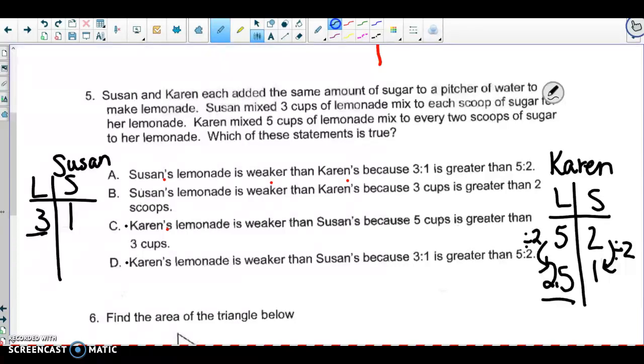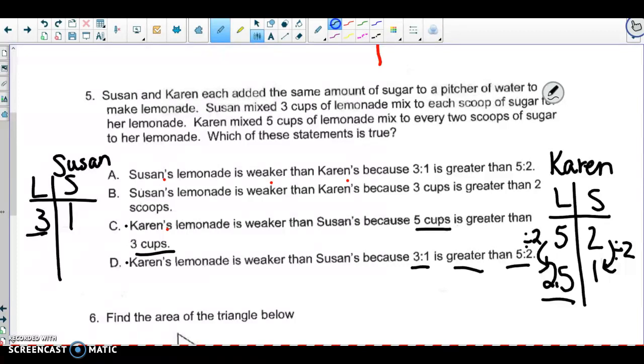So Karen's lemonade is weaker than Susan's because 5 cups is greater than 3 cups. Well, it's not because 5 is greater than 3, because that's just saying that of 2 numbers, one is greater than the other. But if we look at D, it says it's weaker because 3 to 1 is greater than 5 to 2.